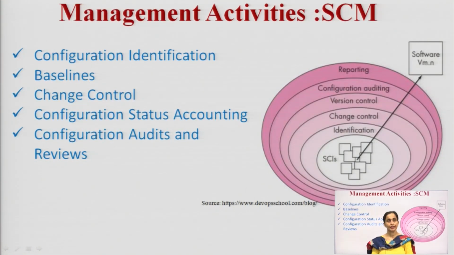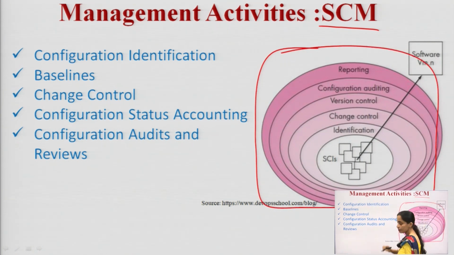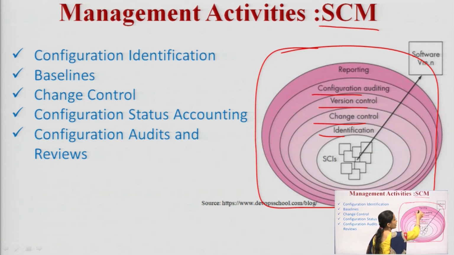Then we need to discuss the various management activities in SCM, or we may say the SCM process. From this diagram we can see that the problem is identified here, change control is the next step, then we have version control, then configuration auditing and reporting.